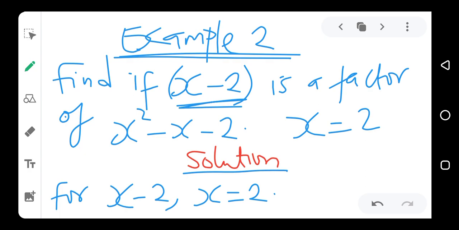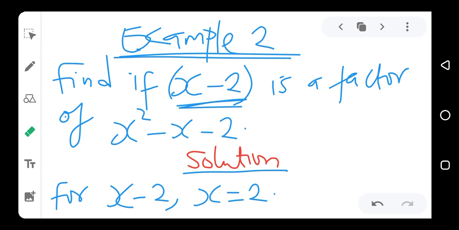So when you get the x value of this term, then you put it into the equation and see whether you get 0, because for factor theorem, f of x will give us 0. That means now that when we put 2 into the equation and solve, we are going to get 0.